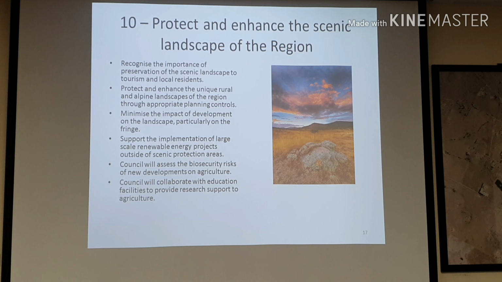So working out how best to do that through planning controls, whether that's scenic protection areas, and coming up with policy decisions about large-scale renewable energy projects, so we've got those in the right location so they don't detract from the landscape, and also addressing those areas which have weeds and biosecurity risks, and providing ways to enhance the scenic landscape across the region and provide for the number of tourists who drive through who expect to see that rural landscape when they drive throughout the region.